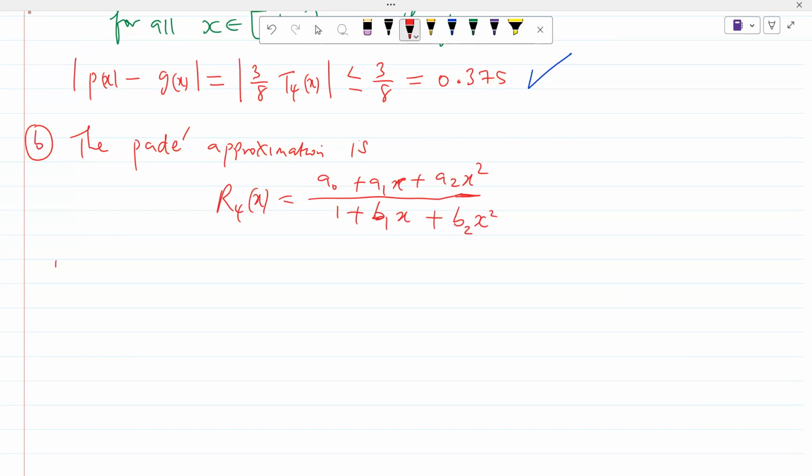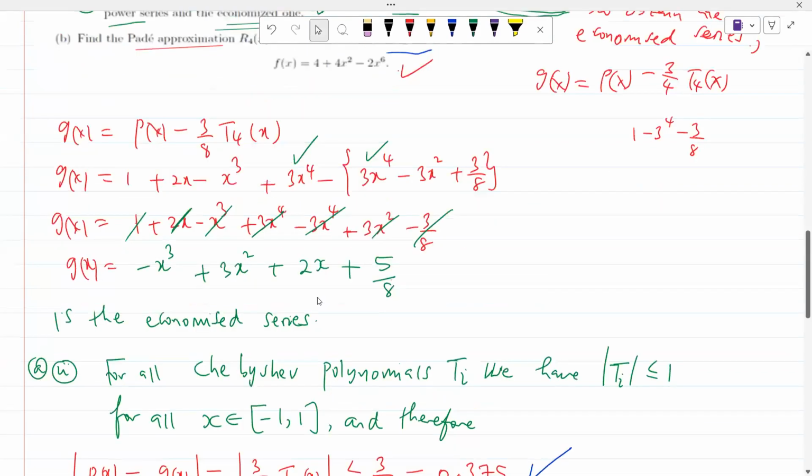So this gives R4 of x minus the polynomial f, because you were given f in the question.